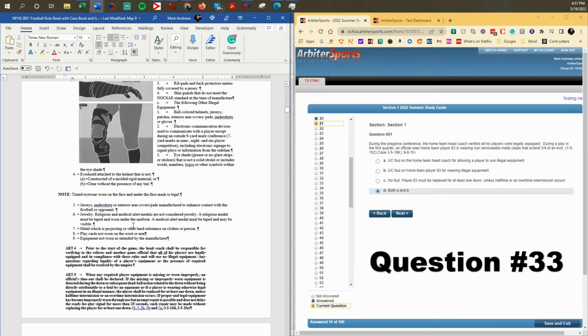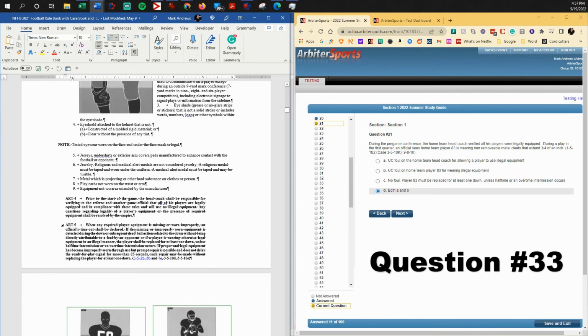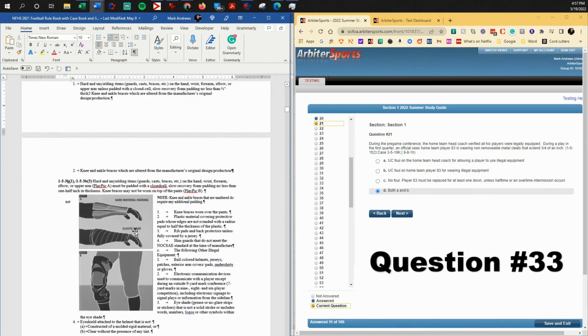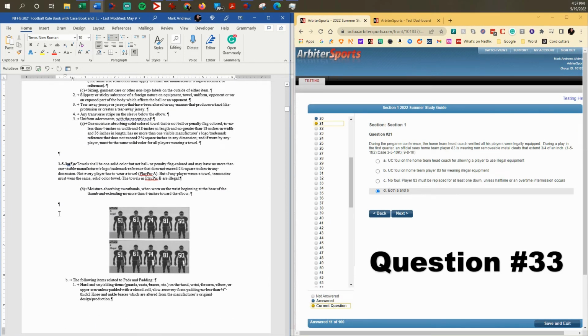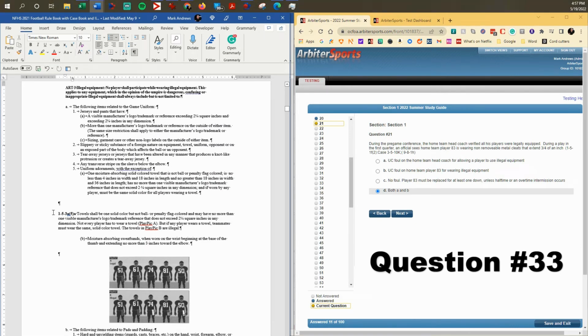This is one of the reasons we inspect the teams, is we want to get rid of all this stuff before the game so we don't have to deal with this. But the bottom line is, we don't want to hit the coach with an unsportsmanlike conduct foul for towels. We just want to tell the kid to get off the field, get rid of the towel. If there's multiple towels, then just send them all off. But don't tag them with an unsportsmanlike conduct foul unless it's dangerous.